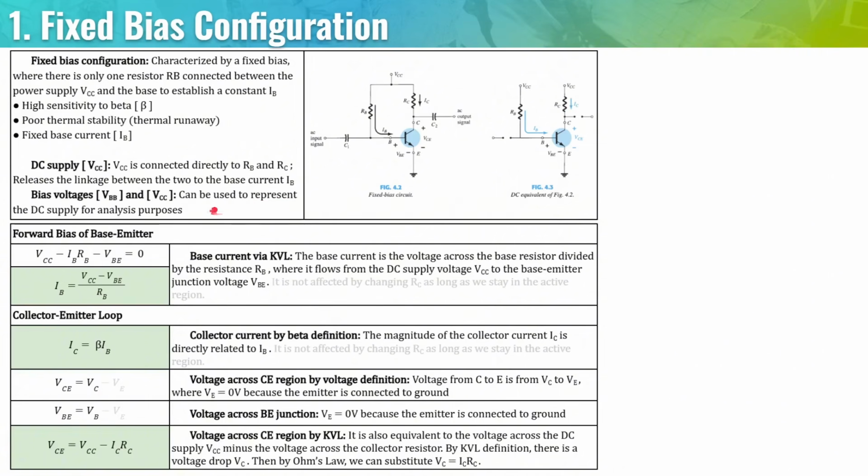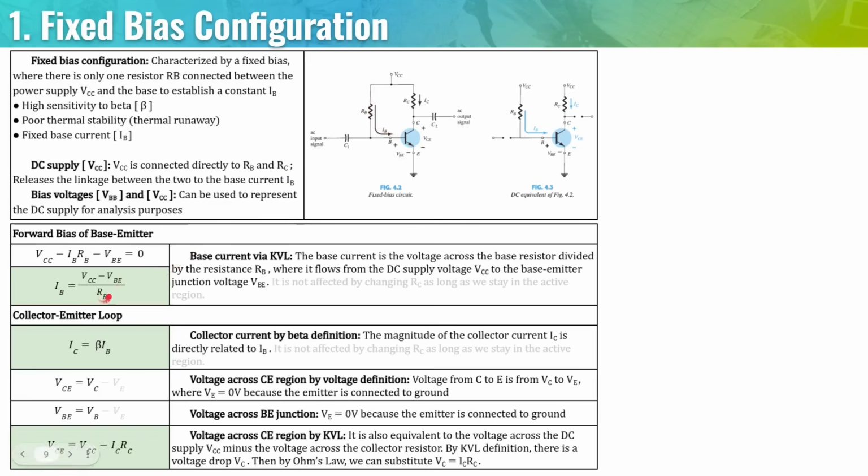So here are a few formulas that you need to know. So the base current via KVL, so you start from VCC and encounter a voltage drop at RB and encounter another voltage drop at VBE. And then you get to the ground. So if you're going to use Ohm's law as reference, you can see that the total voltage is equal to VCC minus VBE.